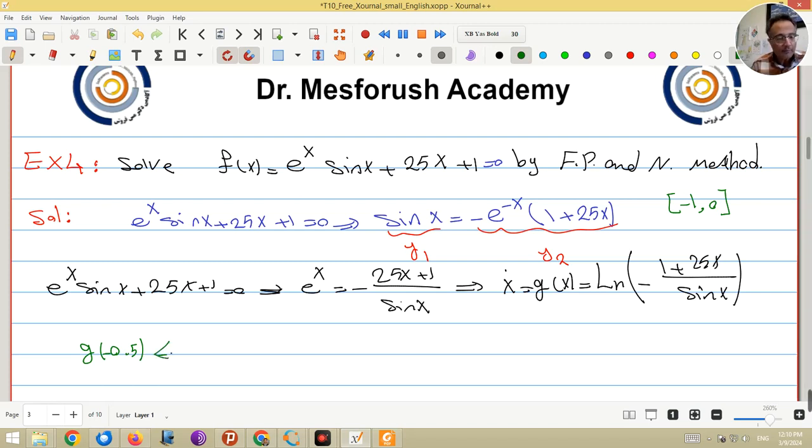In fact, if you put minus 1, minus 0 here we will have 11.5 over sine of minus half, and it will be a negative number. So the logarithm ln of a negative number is not defined. So this is not acceptable.